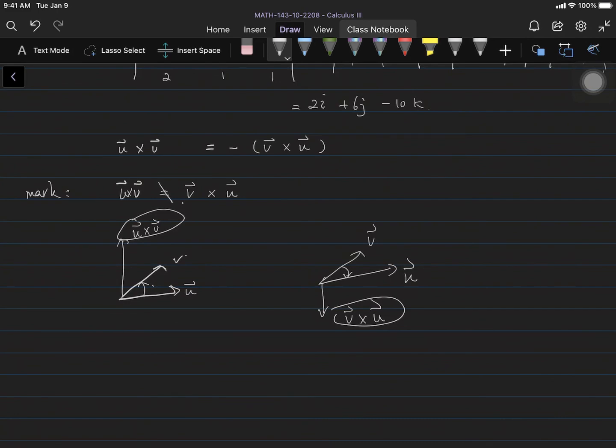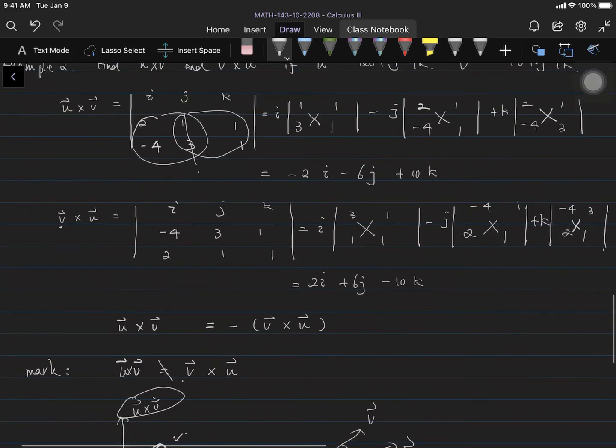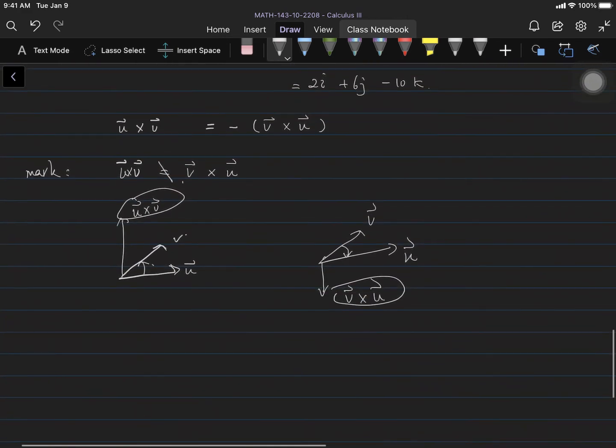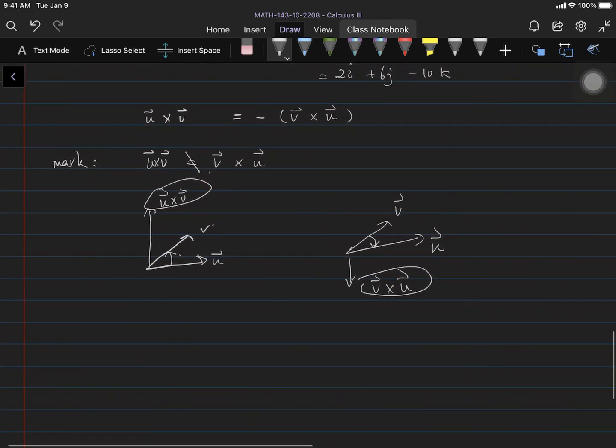So that's the calculation of the cross product. Now let's do one exercise. Find U cross V. If I ask you to find V cross U, you don't have to do the determinant again.